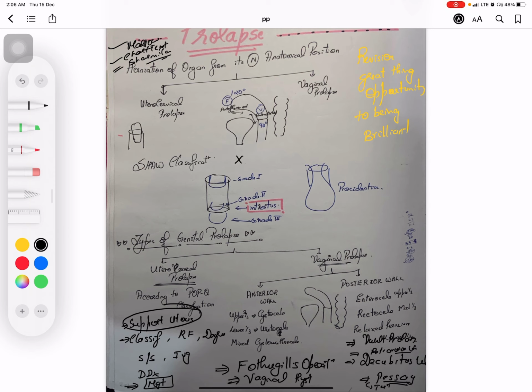This is the definition of pelvic organ prolapse. So, herniation of a pelvic organ into or out of the vagina, and the main etiology is the failure of abnormality in the anatomical support. Okay, so this is the definition. Don't miss this out.